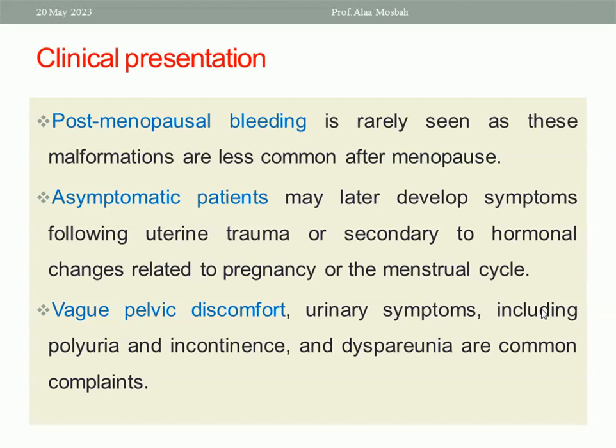What else in clinical presentation? The patient may complain of vague pelvic discomfort, urinary symptoms like polyuria and incontinence. Also may have complaints like dyspareunia. Okay, this is very important. If arteriovenous malformation is affecting the pelvis, it may also cause vulval varicose veins.